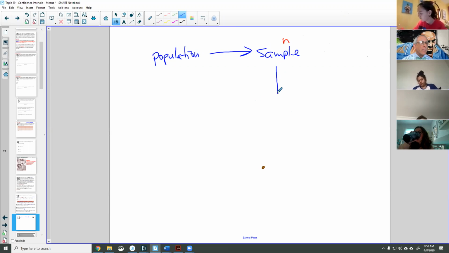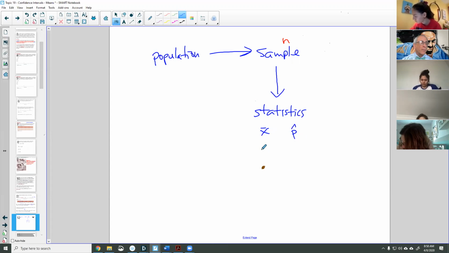And then from the sample, we get statistics. You get statistics. So from statistics, I either get X bar or P hat, and I also get a standard deviation. That would be for both of those. Right, that would be statistics.